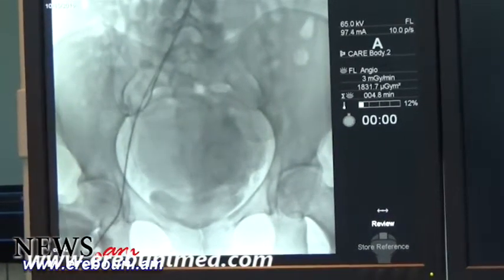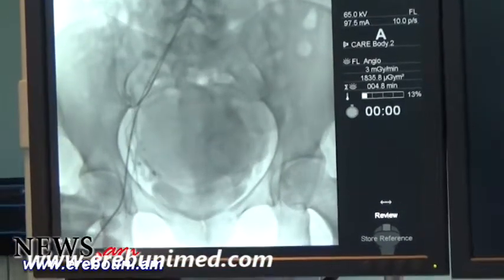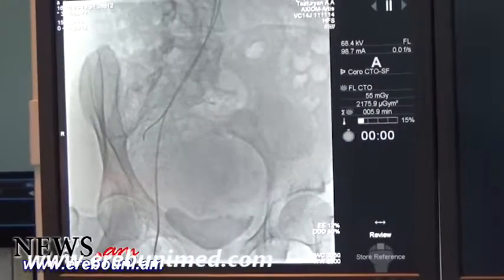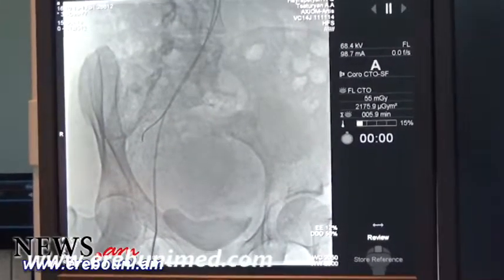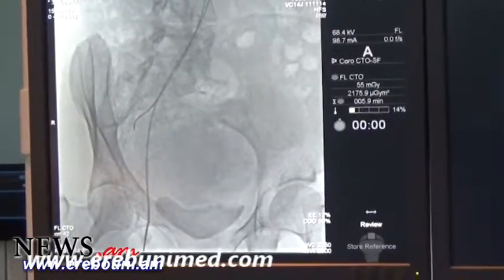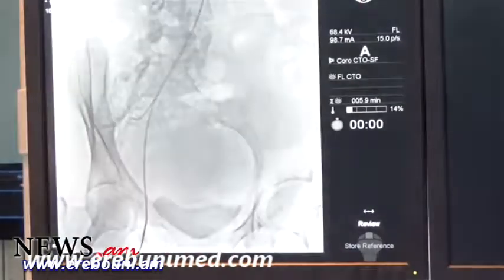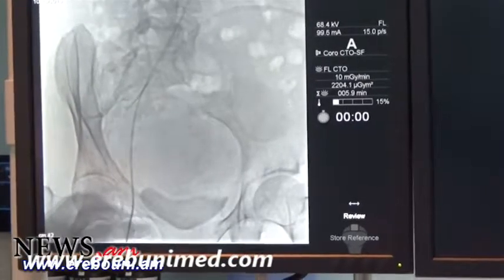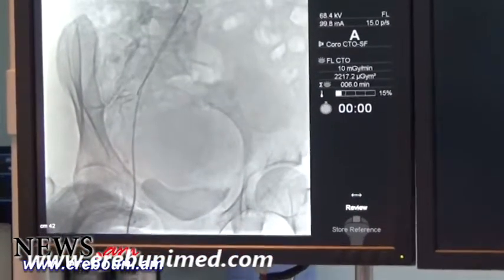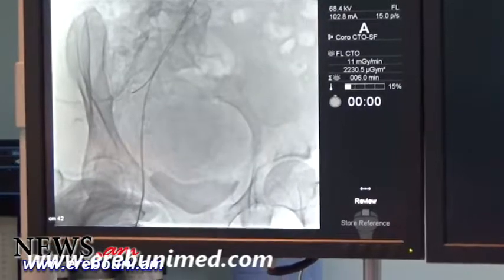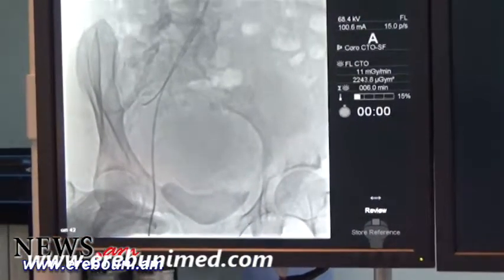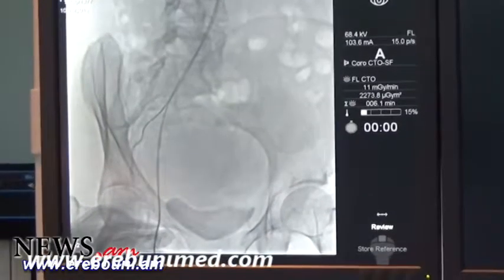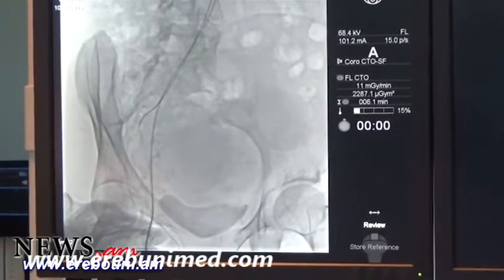Not to lose time, we continue the procedure, and with a catheter we enter into the right uterine artery. Since the internal iliac artery has quite a few branches, in some cases the process of selective catheterization of the uterine artery might become more difficult, but it's just a matter of time.